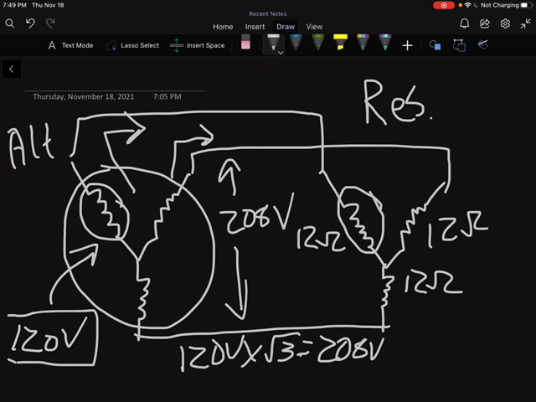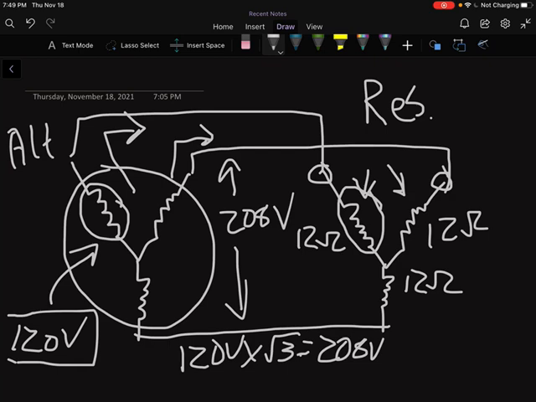Once we get over to a load and we get to these 2 points here, our 208 volts is now going to be split between this coil and this coil. So those two resistances of that load are going to be splitting that 208 volts. And remember, they are not 180 degrees out of phase with each other. They're 120 degrees out of phase with each other.